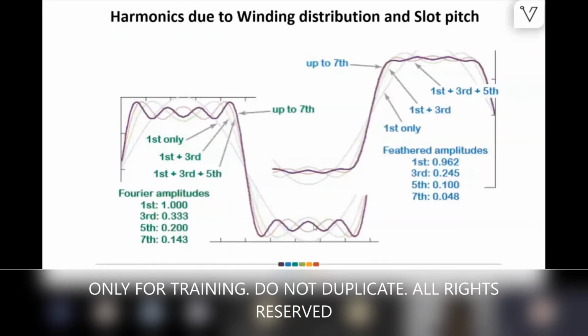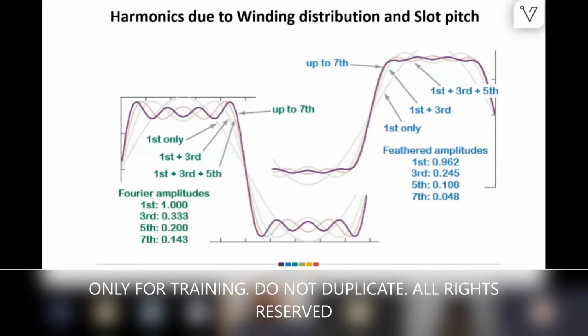As I mentioned, harmonics is a key thing, whether it's an inverter or a machine or whatever system you are working on. When it comes to power electronics and machine design, harmonics is what we will be deep diving into in our other sessions. Here I'm just giving you a flavor: the 5th, 7th, 11th are very bad elements, and a few elements also produce reverse torque.